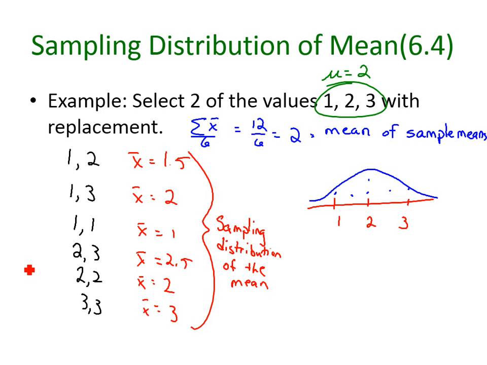This will be our shortcut that we would want to use: the sum of the x squareds times n minus the sum of the x's squared, divided by n times the quantity n minus 1. It's really finding the difference between the value and the mean, squaring each of those, adding them together and dividing by n minus 1.